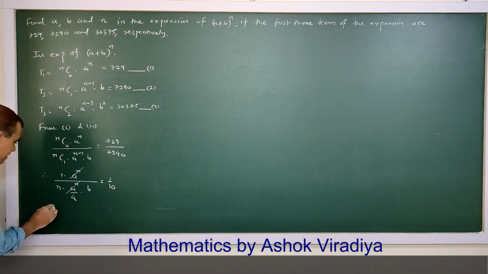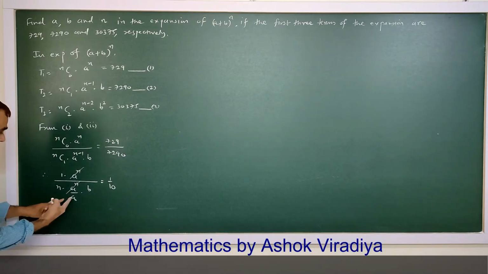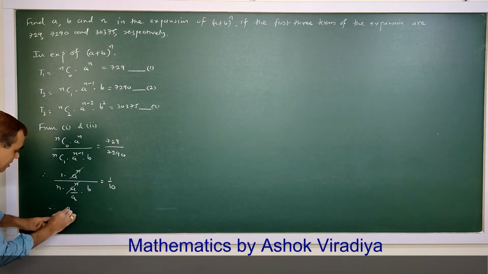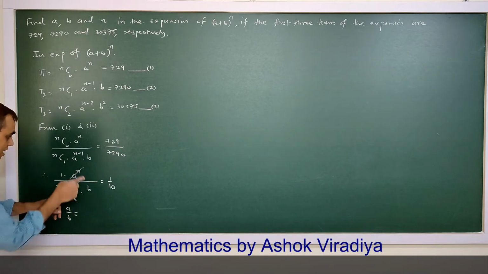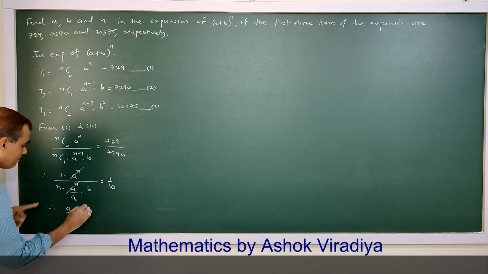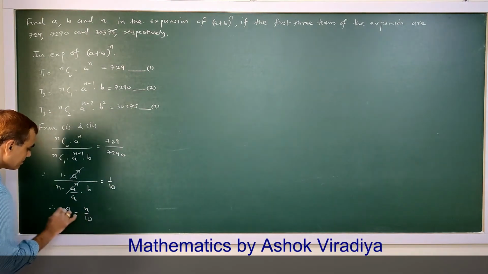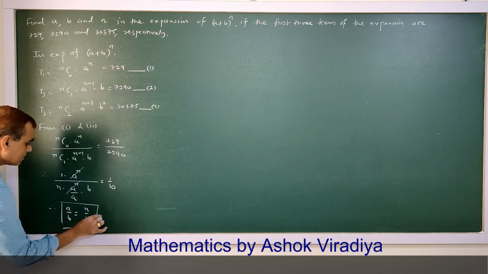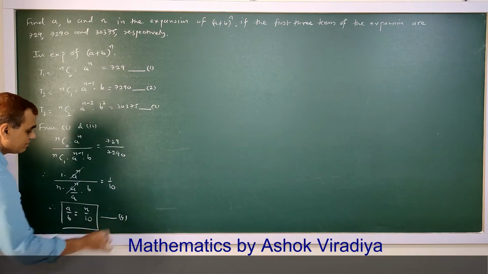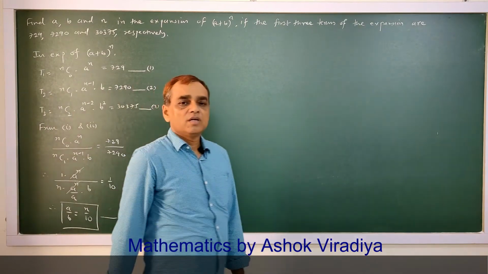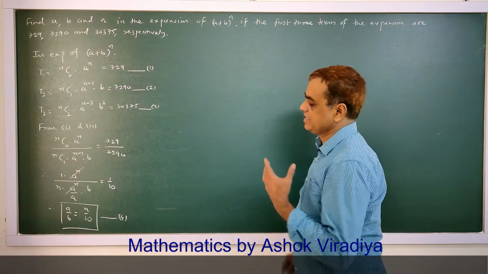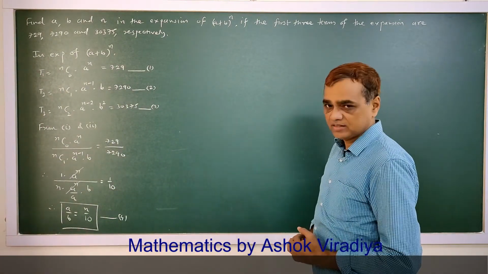So we are getting, this a comes up, so a by b is n by 10. This is equation 4. We are getting the ratio of a and b in terms of n.